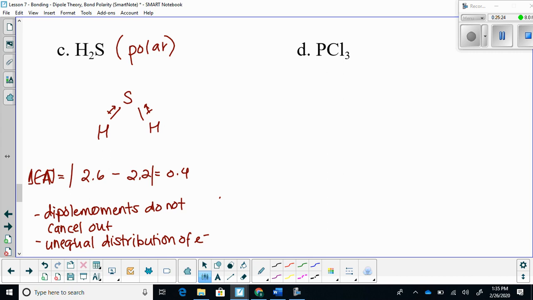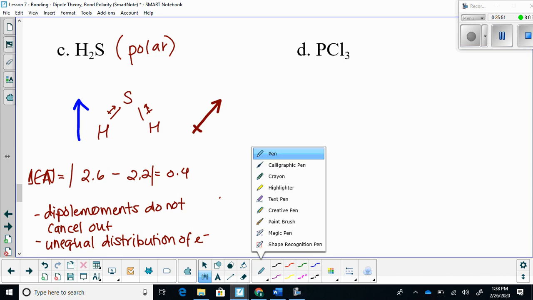This is where the net dipole comes in. So let's add these vectors together. When you are looking for the net dipole, what you do is add your dipole moments together. The first one here looks like this.